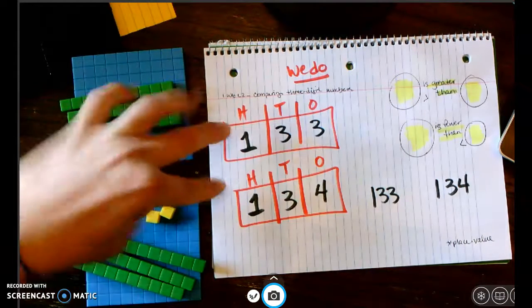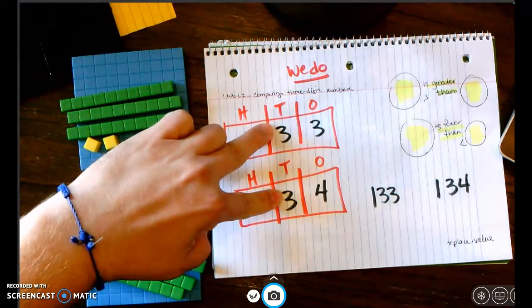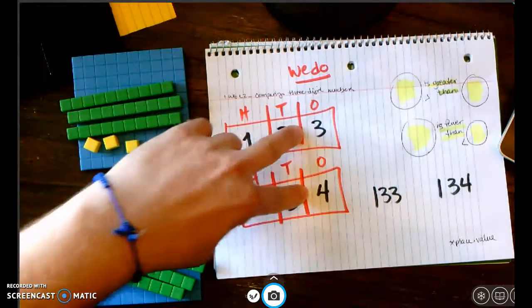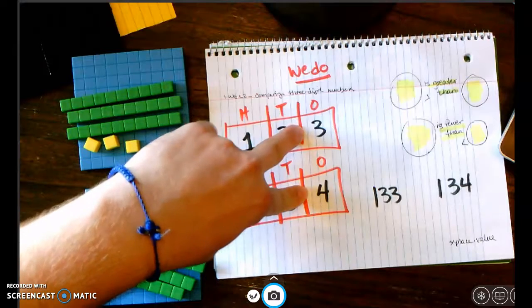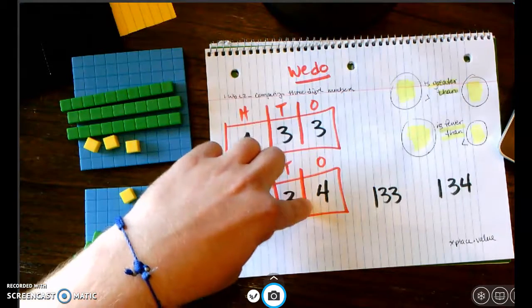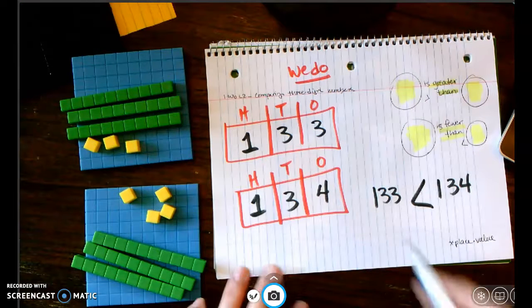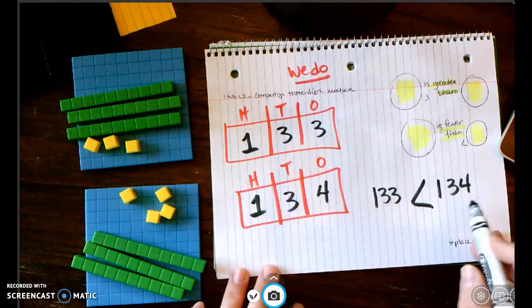Let's compare. The hundreds, well, they both have 1, so skip that and go to the next one. The tens, they both have 3, skip and go to the next one. Now the ones is where we start to see a difference. This first numeral has 3 ones, the second one has 4 ones. Well, we know that 4 is greater than 3, so we can go ahead and say that 133 is less than 134.